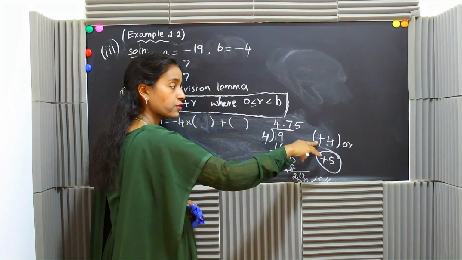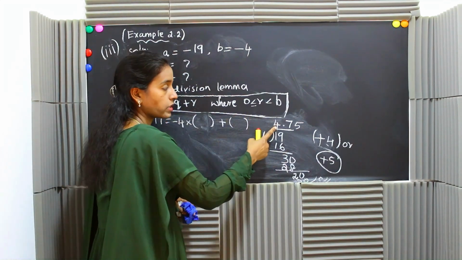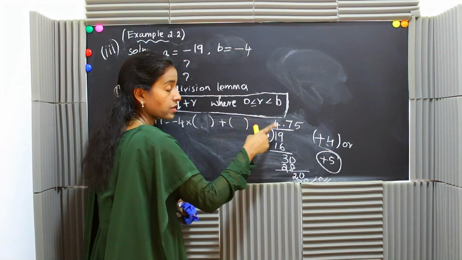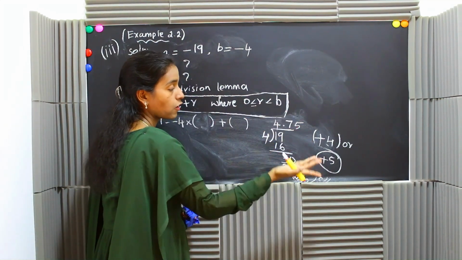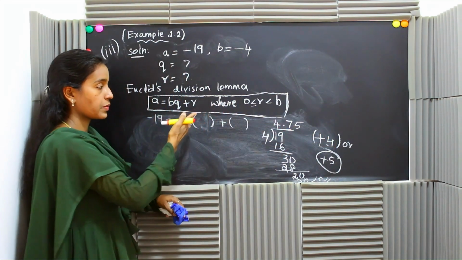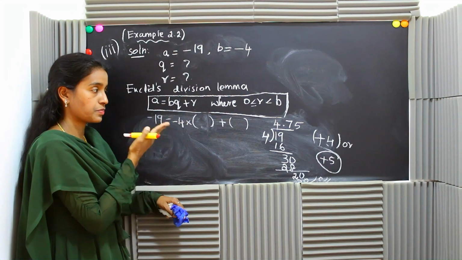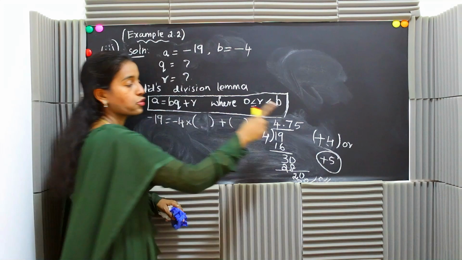That's why I'm taking either 4 or 5. I should apply 4 first and check whether I'm getting the R value as a positive number or not. If I'm not getting a positive number, I should go for the next option.